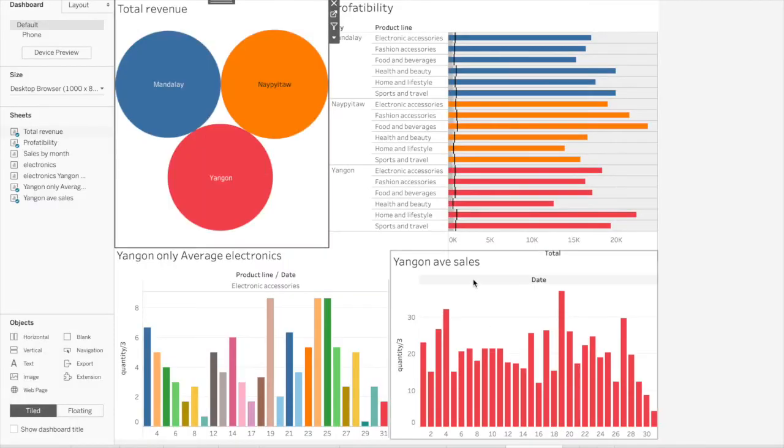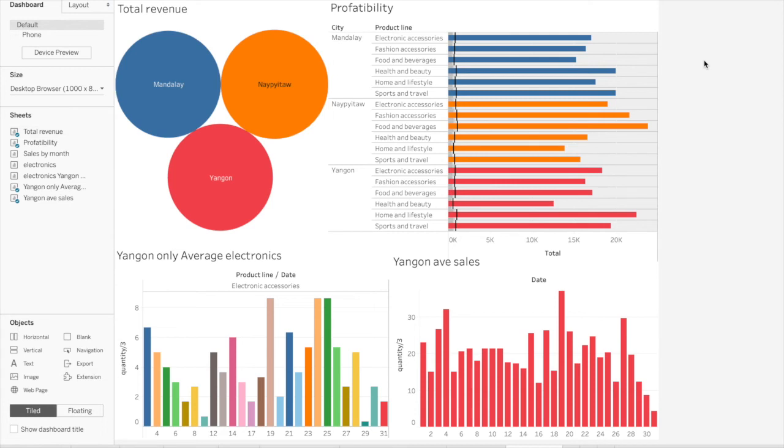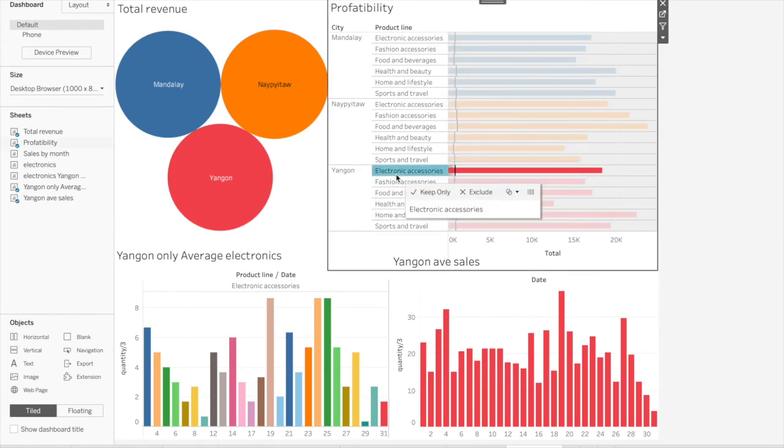So let's wrap things up. This is a summary of what I just said. We looked into three different city supermarkets, and we looked to see how profitable each supermarket is. For the purpose of this project, we only focused on the Yangon City supermarket's electronics accessories, how many have been sold in one month, every single day, to help managers make better decisions in terms of inventory purchase.